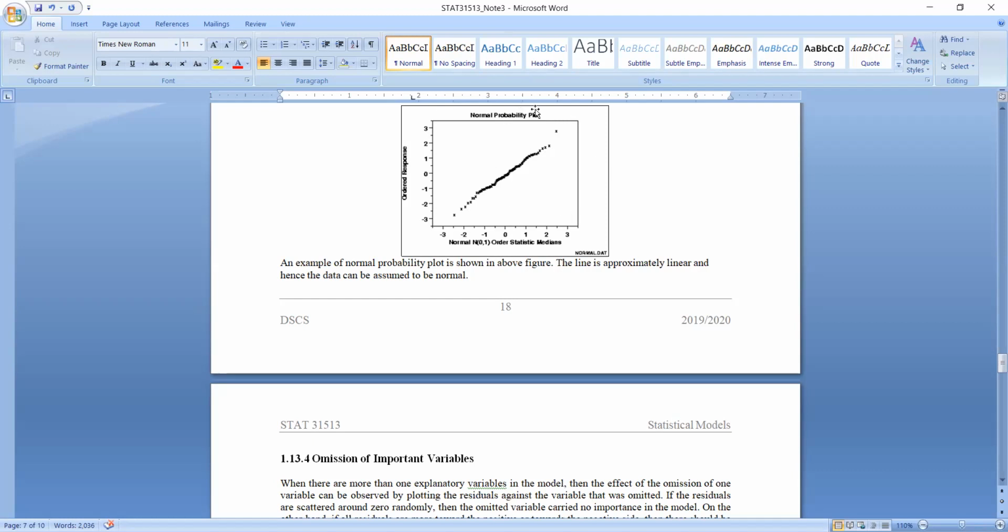And when it comes to these normal probability plots, you don't have to calculate or draw them manually, because we'll be discussing the practical and how to obtain these plots. When you feed the data set into the software, we can easily get these plots. So don't worry, you don't have to calculate manually.